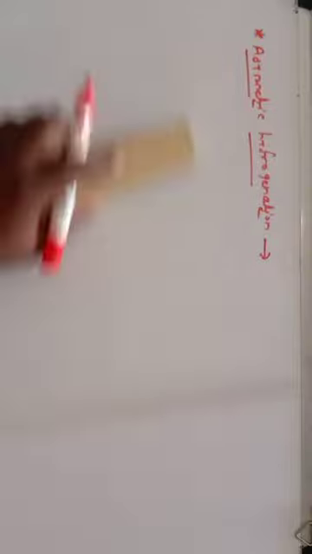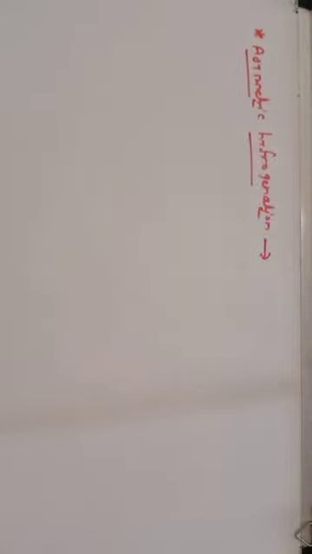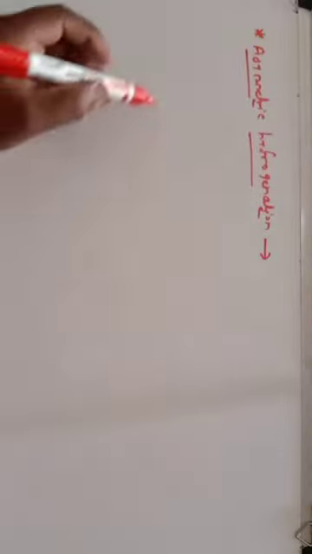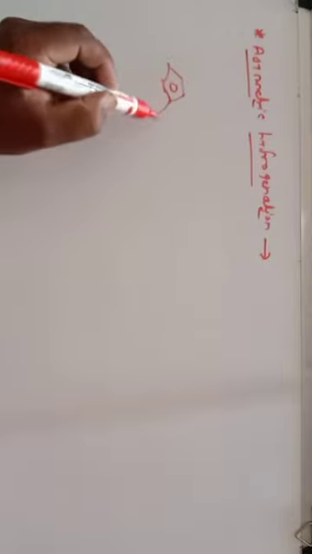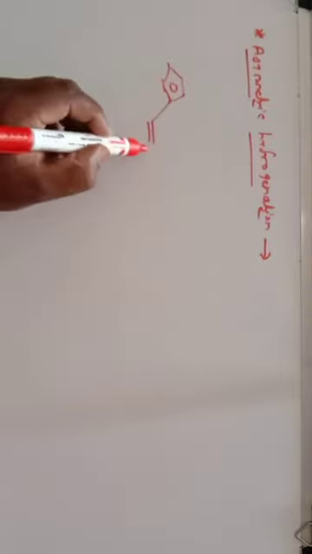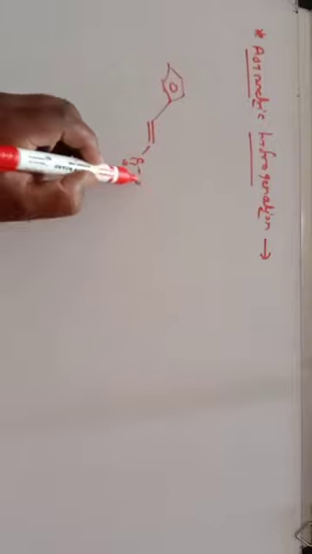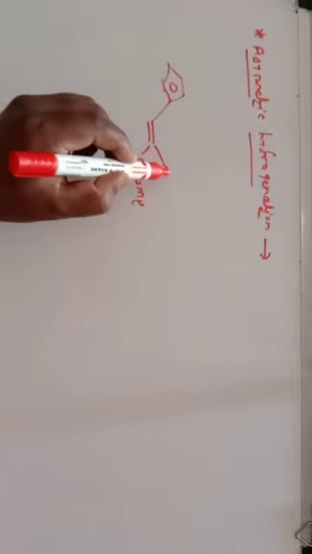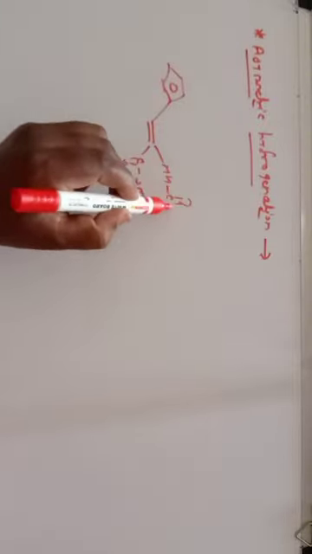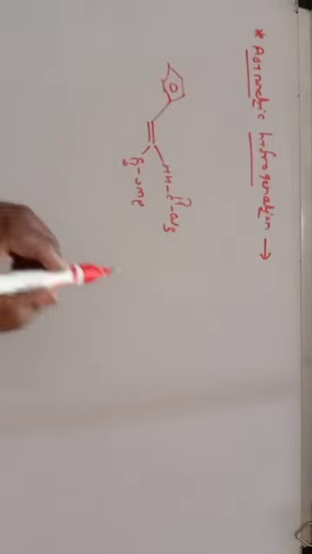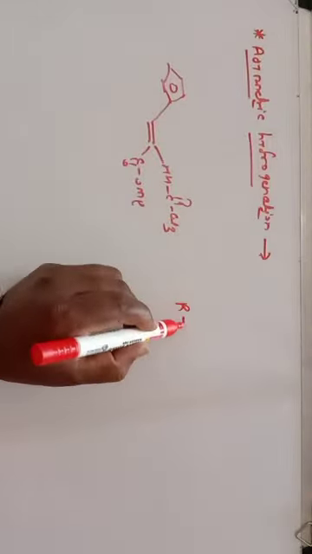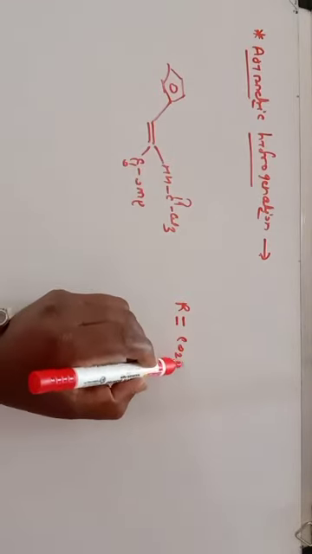For our convenience, we can write the rhodium complex like this. Here this is your double bond, this is your C double bond O Me, this is your NH C double bond O CH3. For convenience we can write capital R, which is equal to CO2Me.